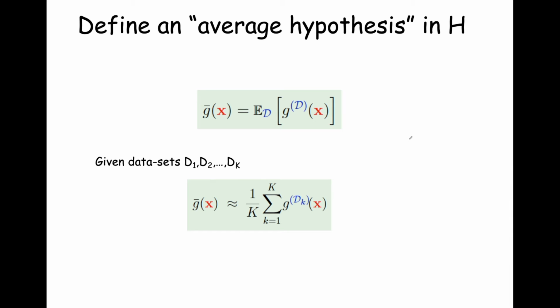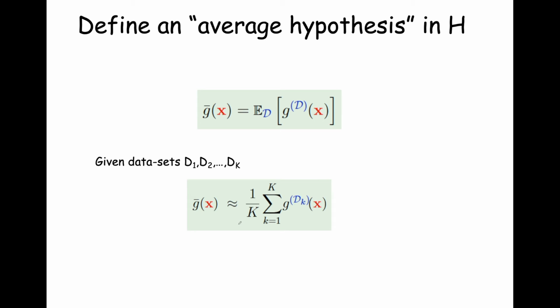It's the average value given by our hypothesis for an input instantiated over all possible data sets. And so if you have some finite number of data sets, D1, D2, D3, up to and including DK, you're just going to take as your G bar the average of the output of the final best hypothesis for each of those data sets with respect to that input X that you give it.